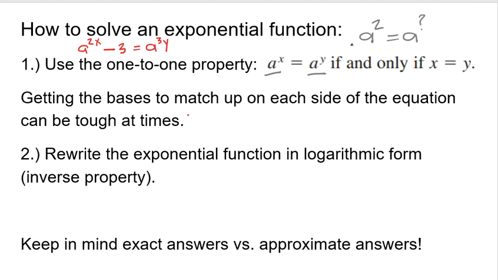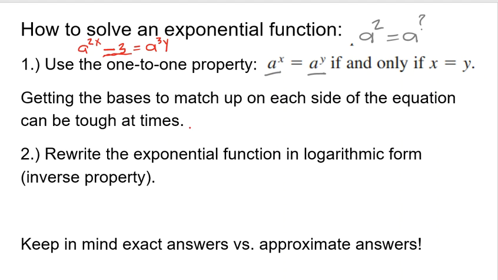You can't use the one-to-one property because of this minus 3 right here. You've got to have both sides being a single base, the same base, a and a, with an exponent that has the variable. So the moment you throw in something else besides that base, you're in trouble.